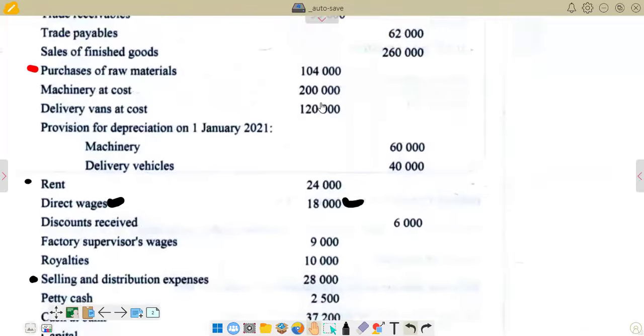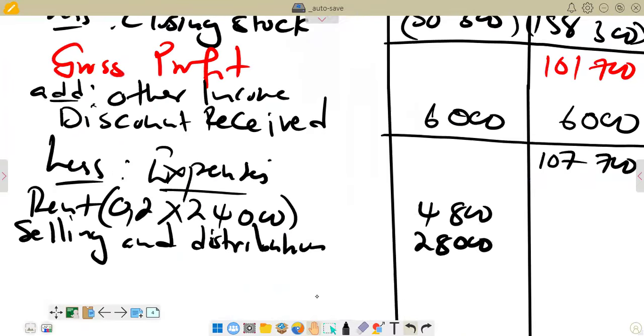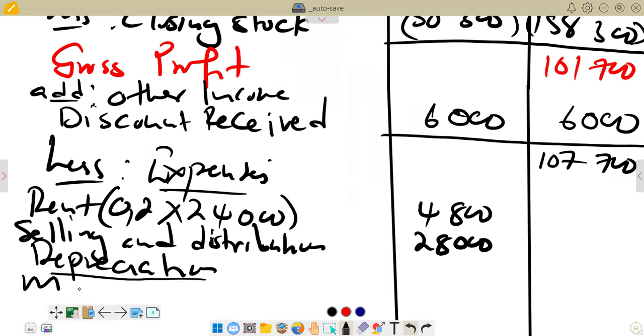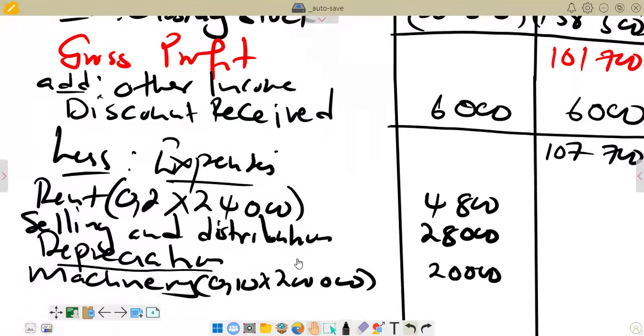So basically 10% times 200,000 to get the depreciation for machinery. So here, depreciation, we can say machinery. Depreciation we can just underline to show that we are going to calculate two depreciations there. Machinery we are going to say 10%, which is 0.10 as a decimal, times 200,000. If you multiply that, you're going to get your 20,000. This is depreciation for machinery.